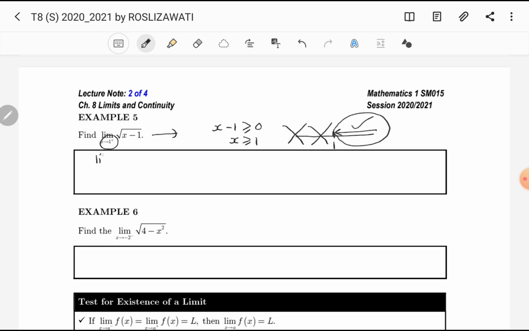So, limit as x approaches 1 from the right.